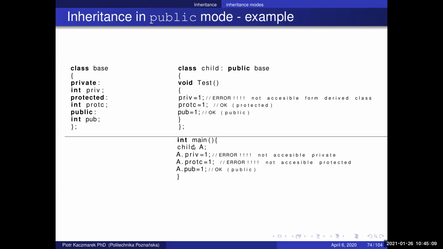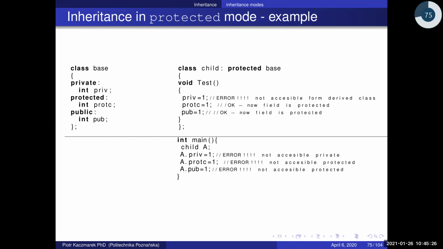When we use the object, only the public field is allowed, provided that the base class was inherited in public mode. So you can analyze what is allowed inside the child class method and what is allowed for the object user. Okay.